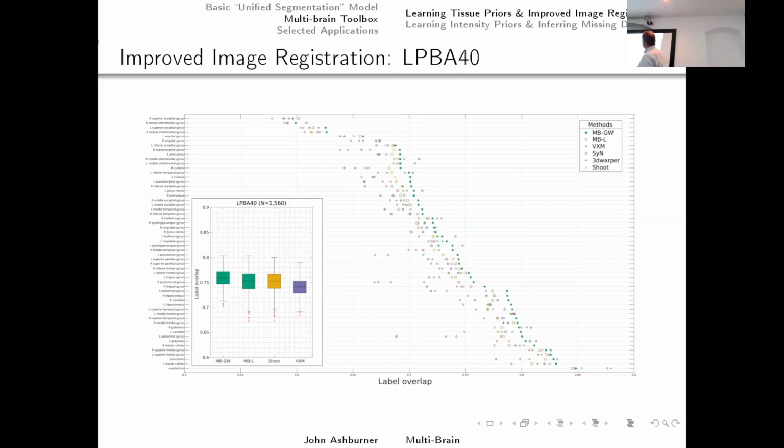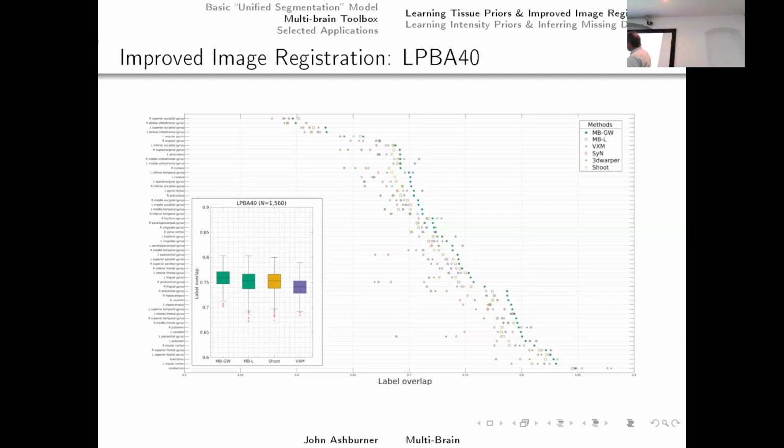The green circles are multi-brain. One is using the pre-learned template, that's this one, I think, whereas the solid green is constructing a template as it goes along.